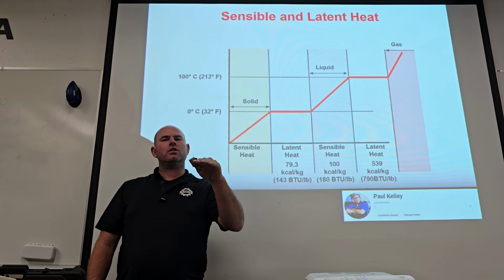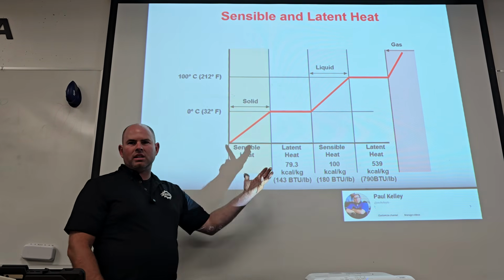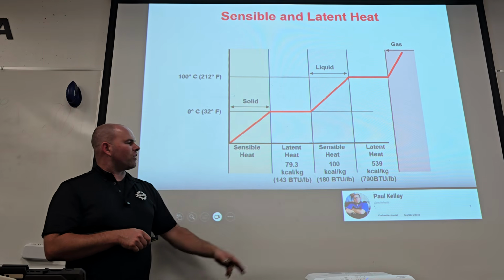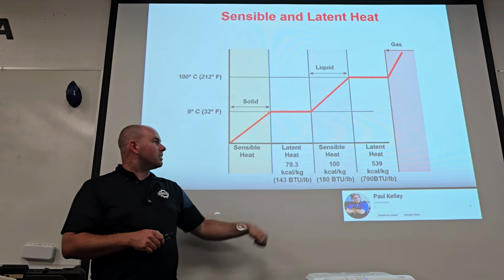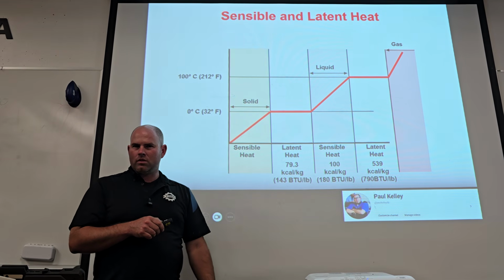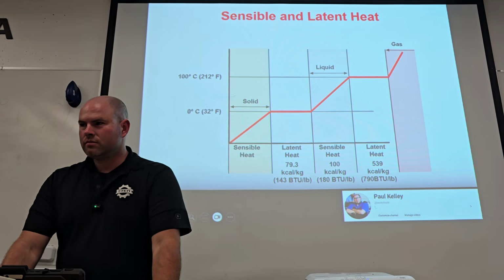It'll be stuck at 32. And however, we're still throwing BTUs at it. Make sense? We had to throw 143 BTUs for every pound of Frosty to change Frosty from ice to liquid. Cool? It's a volume of heat. As it melts, it's still at 32.